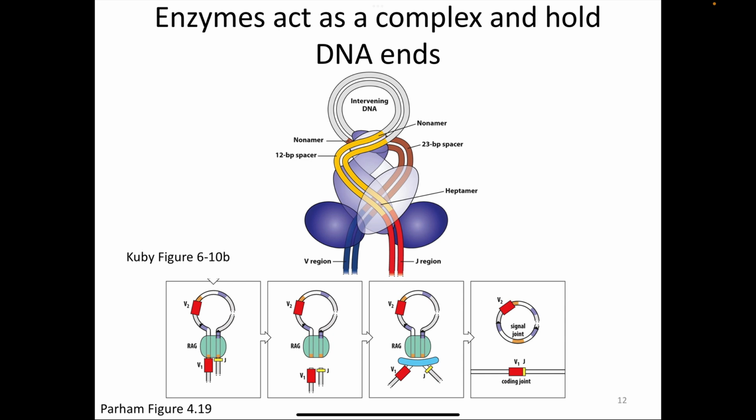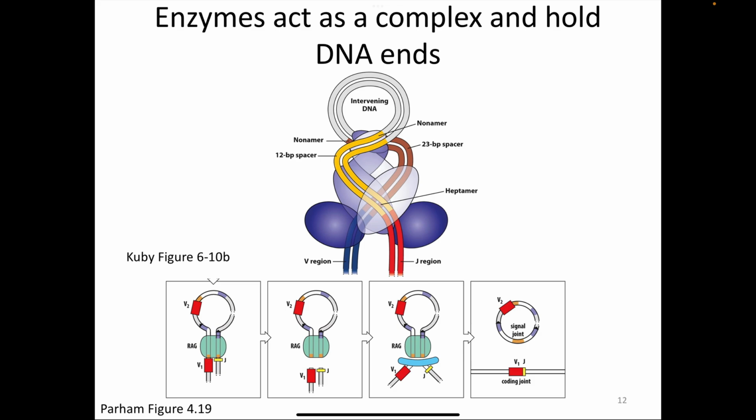Instead, the enzymes are all working at the same place, so they're only cutting in the same location. They also have pockets that hold the DNA ends. So once that DNA is broken, it doesn't float away to join to some other chromosome. That DNA is held in that enzyme and isn't allowed to go invade other places.